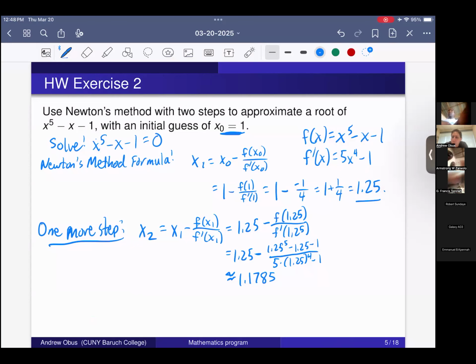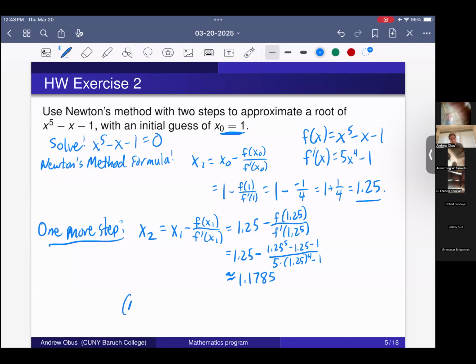I don't know if Wolfram Alpha has its own app, but if you just open Safari or Chrome or Firefox or whatever browser you use, and you just type in Wolfram Alpha, you can get to it. Okay. Yeah. Okay.